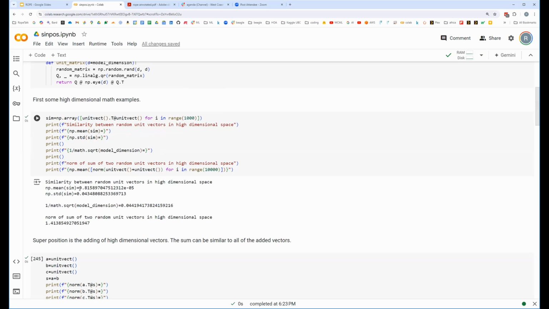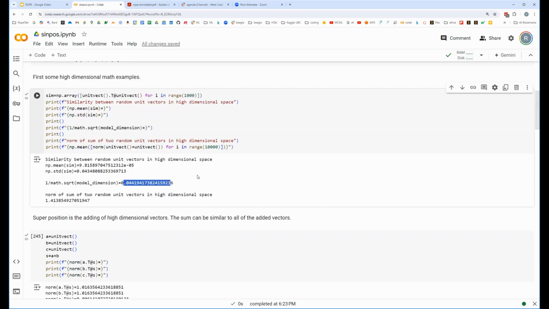The mean is 0, so they're basically orthogonal, with a standard deviation of this value. I don't remember why I pulled this up, but I seem to remember that the standard deviation of those random vectors is going to be around the square root of the dimension of the hypersphere. I don't know, Julius, have you seen that before?